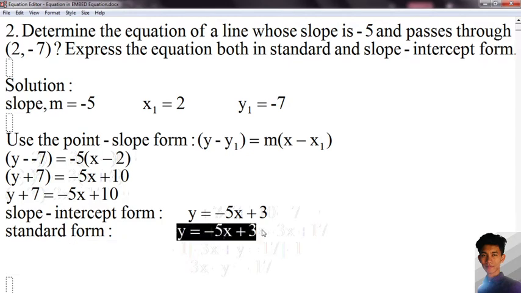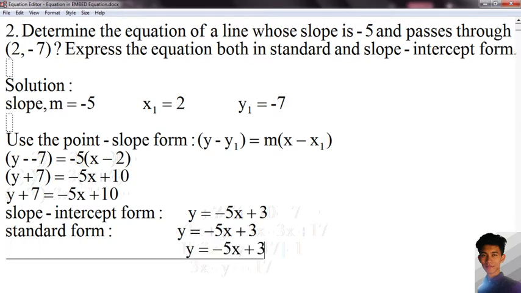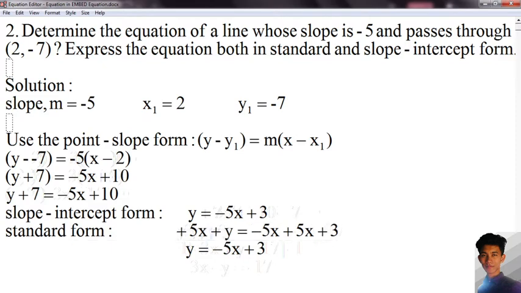So, I have to copy this. So, mapapansin nyo meron tayong negative 5x. So, we have to add, no? Mag-add tayo both sides ng 5x. So, dito, lalagyan nyo ng 5x, diba? Ganyan. But since yung positive ay pwede namang i-omit yan, so, hindi na susulat yan.